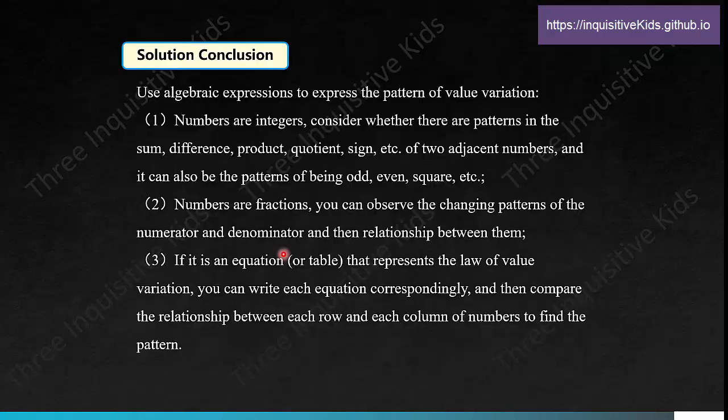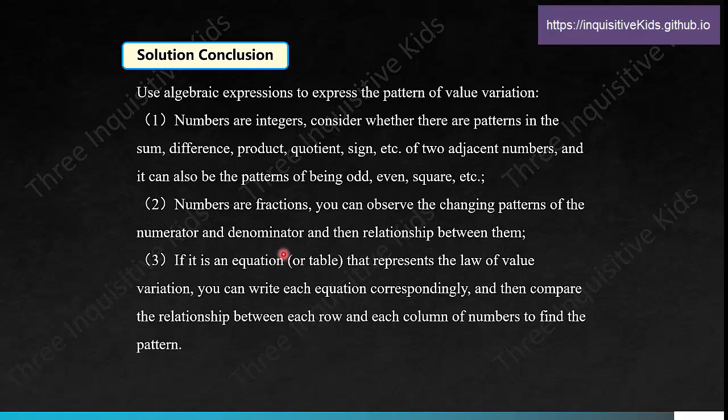Use an algebraic expression to express the pattern of the value variation. 1. Numbers are integers. Consider whether there are patterns in the sum, difference, product, quotient, sign, etc. of two adjacent numbers. It can also be the patterns of being odd, even, square, etc. 2. Numbers are fractions.